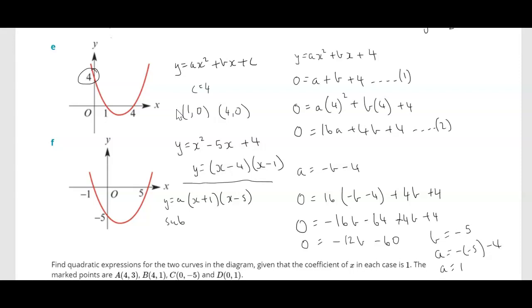So your other point is going to be (0, negative 5). It just depends on, I guess, what form the question wants you to put your answer in. Okay, I prefer factorized form because I think there's less working out. So if you were to substitute in, I know I wasn't going to do this question, but I don't think it's actually going to take that long to do.